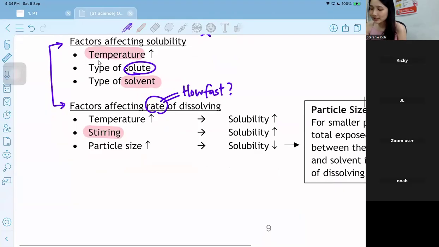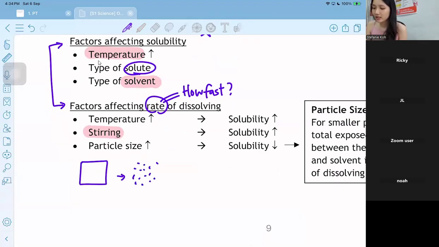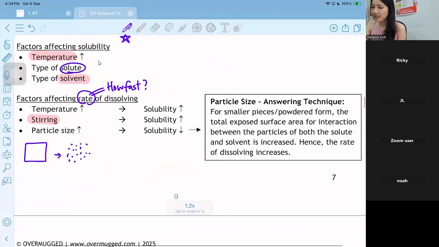Particle size: instead of using one cube or lumps, you use powders. Why? You are increasing surface area. More surface area in contact with the solvent, it will dissolve faster.